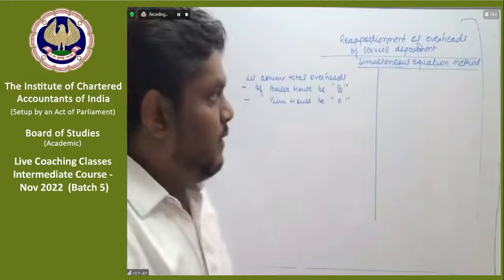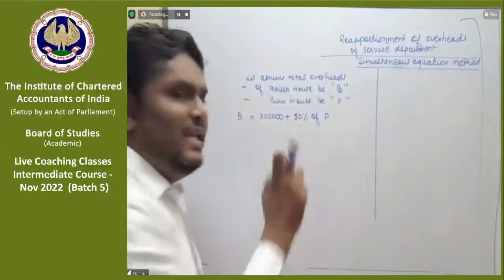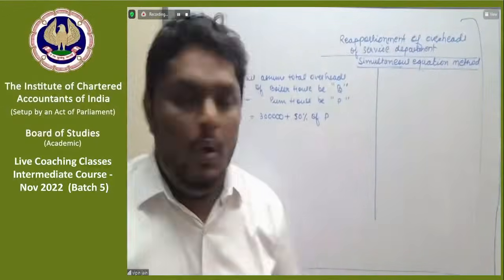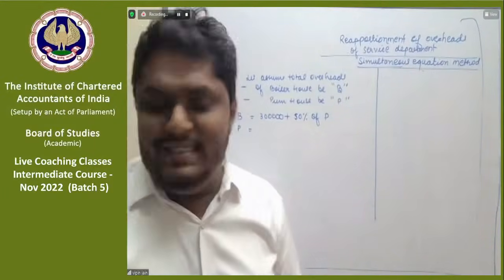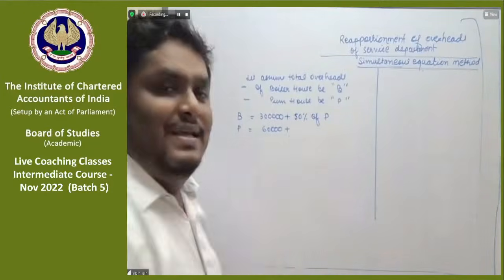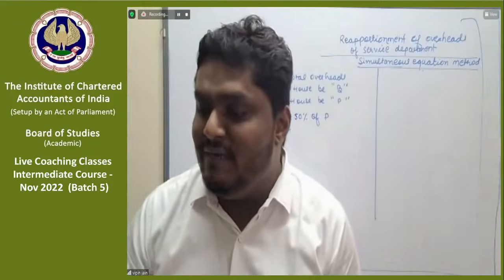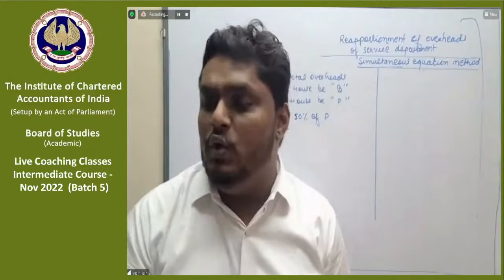Now let's start framing the 3 lakh plus 50% of P. When talking about the total overheads of pump house, it is 60,000 plus certain percentage of B, and it is given that 5% overheads of boiler house are apportioned to pump house.